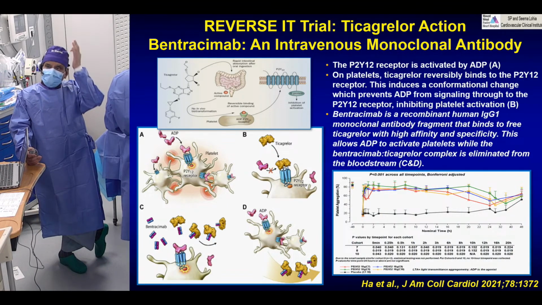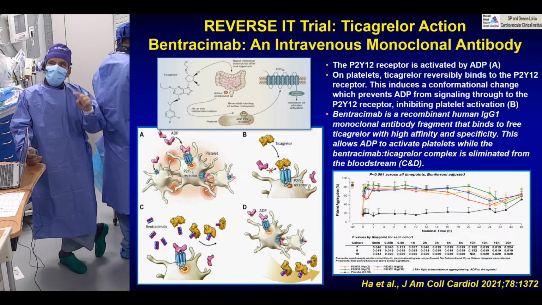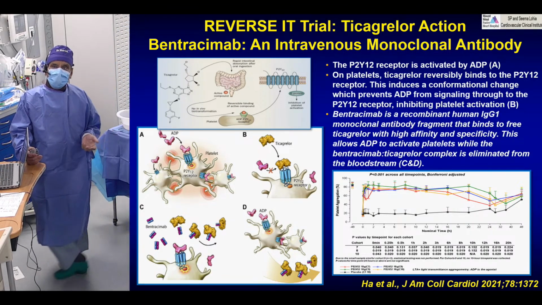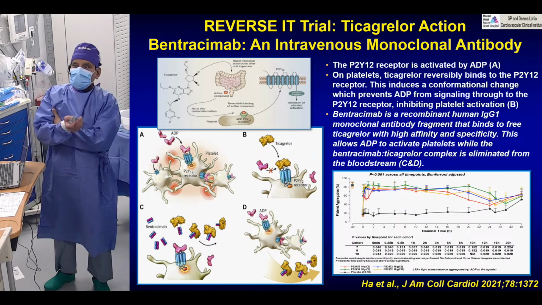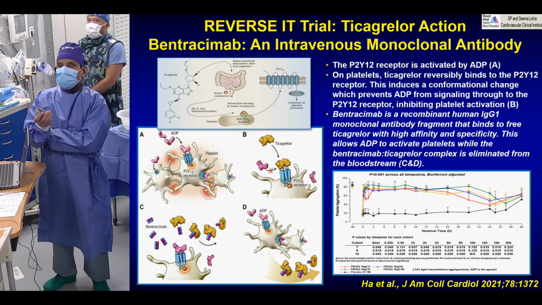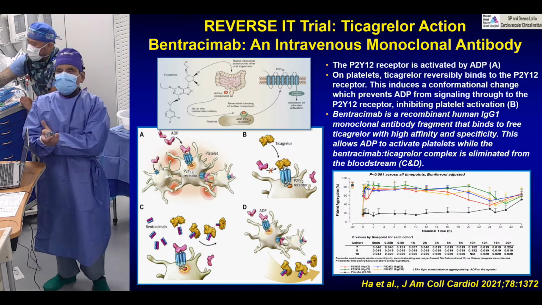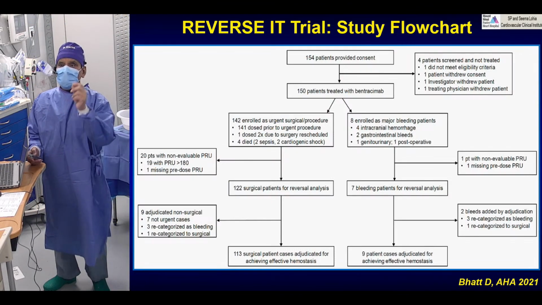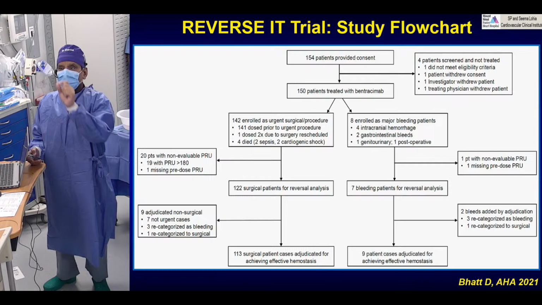That is the earlier data I have shown, with this complex name, bentracimab, like abciximab. Bentracimab does decrease platelet aggregation very rapidly, within a few minutes, as shown in the study. And these were patients who were either going for surgery or who were bleeding.